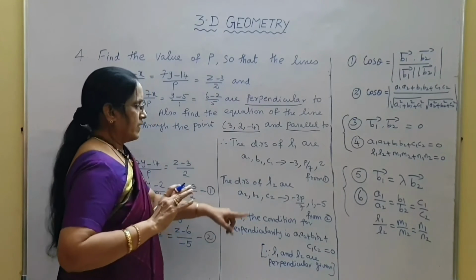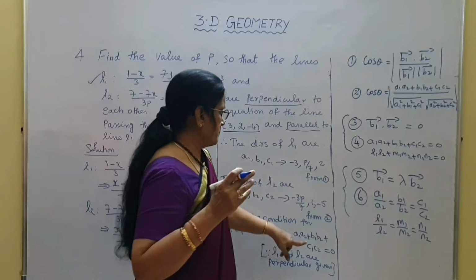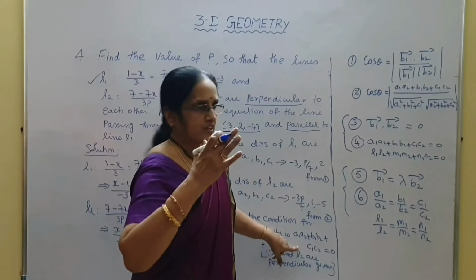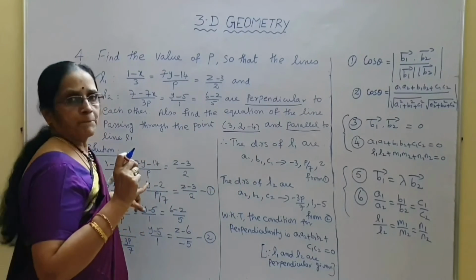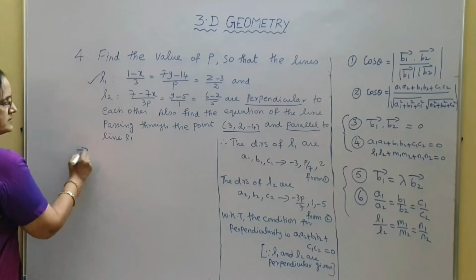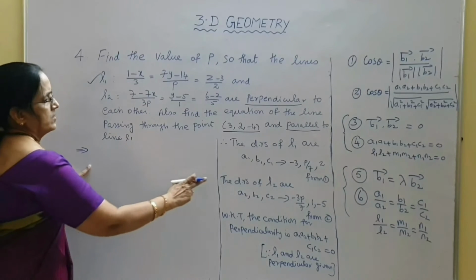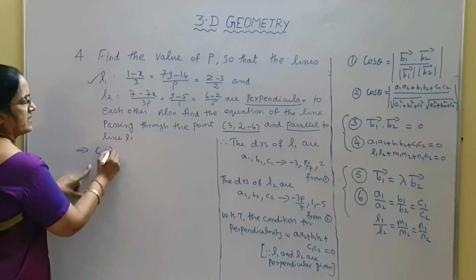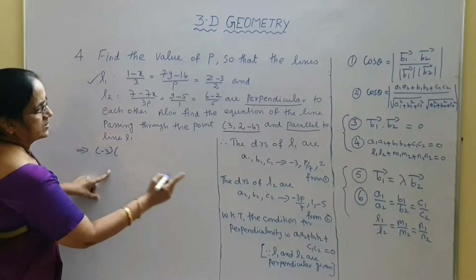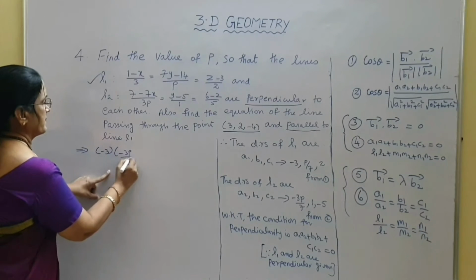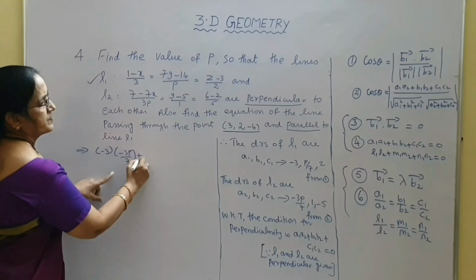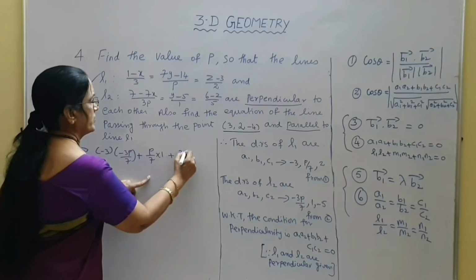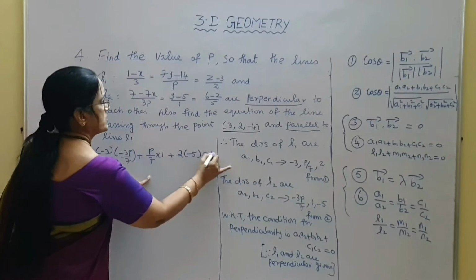Now let us substitute for A1, B1, C1 and A2, B2, C2 in this condition, and we'll try to get the value for p. Substituting: minus 3 into minus 3p by 7 plus p by 7 into 1 plus 2 into minus 5 equal to 0.